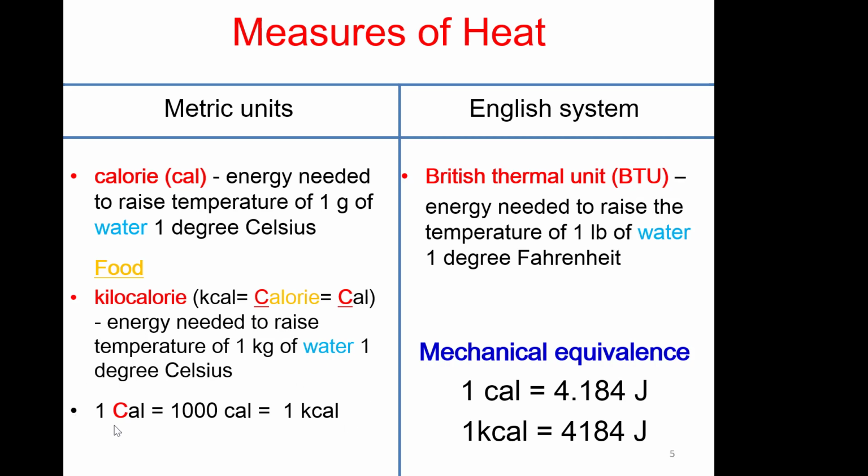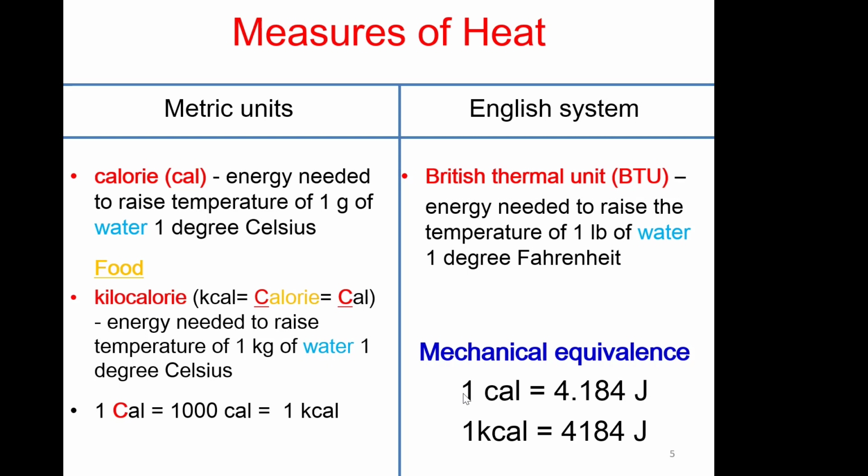But here we can see we have 1 calorie with big C equals 1,000 calories with small c, or equals 1 kilocalorie. Just be careful with this unit. The other unit in the English system is the BTU, which is the British Thermal Unit. We do not really use this one much, but I want you to know it is the unit in the English system. And one more thing is important.